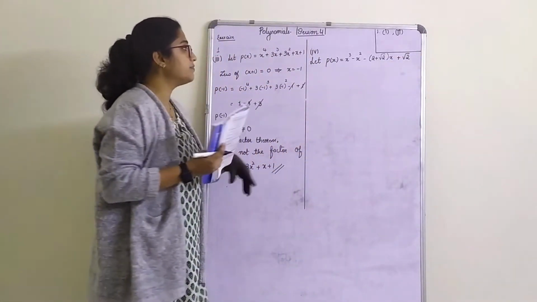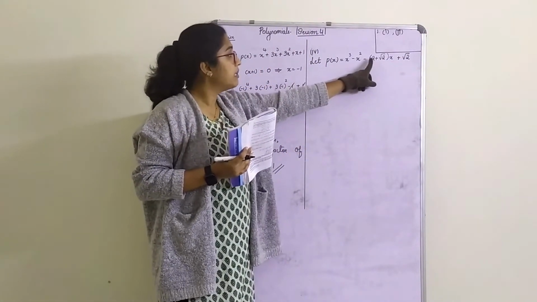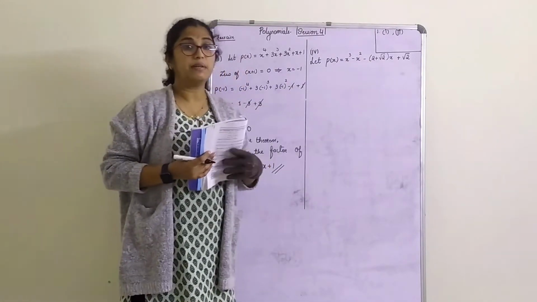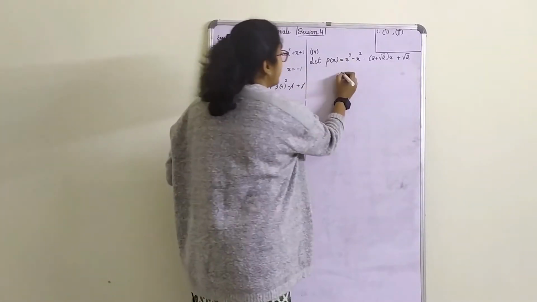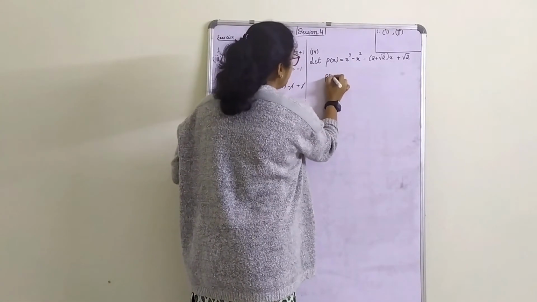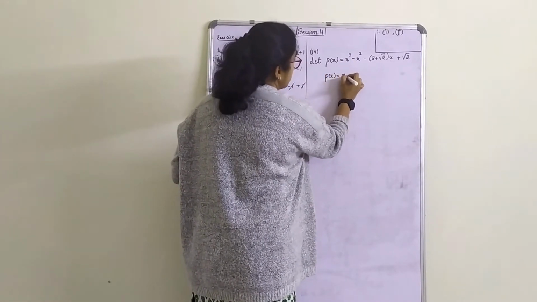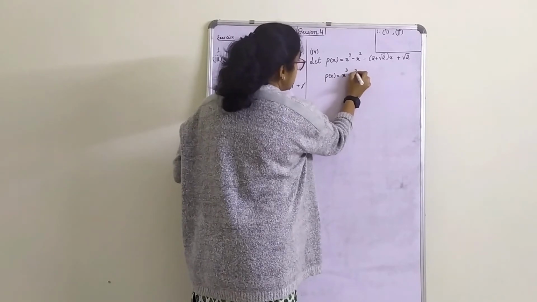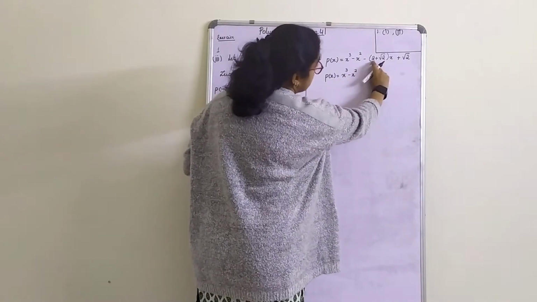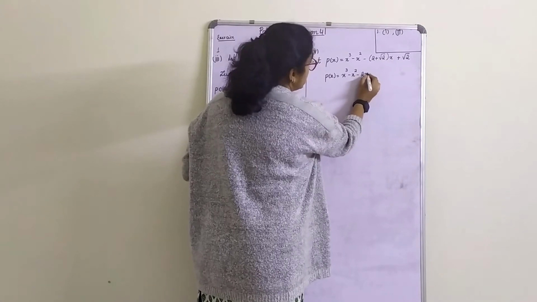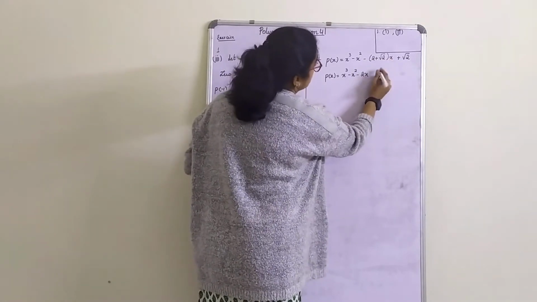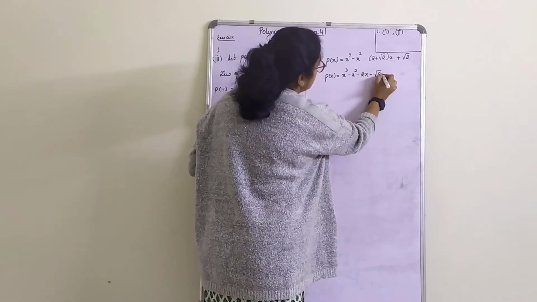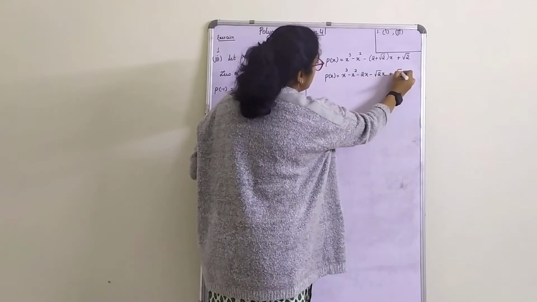Now children, see here, since you have this as minus of a binomial term, if you want, you can split that. It is easy for calculation. So I can rewrite this again if you want as x cube minus x square minus 2x minus root 2x plus root 2.